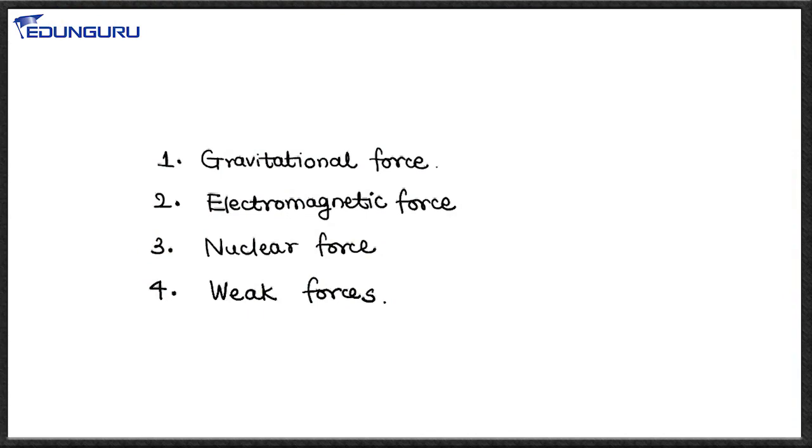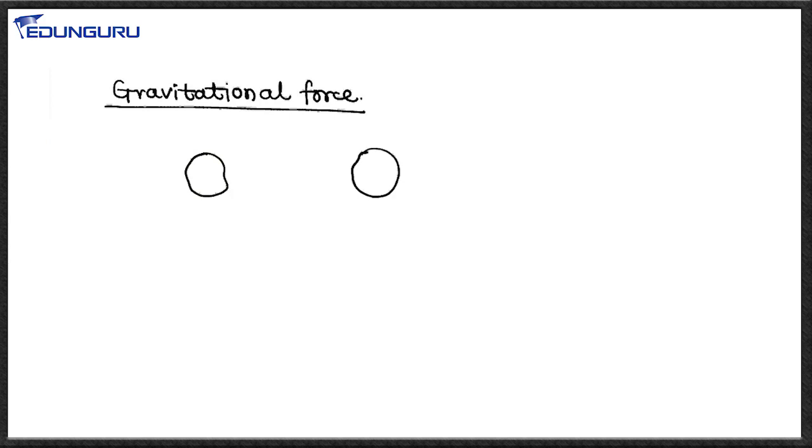So let's see the gravitational force. If these are two bodies, right, having masses m1 and m2, one of the objects will attract the other object towards it, and both these objects will attract each other.